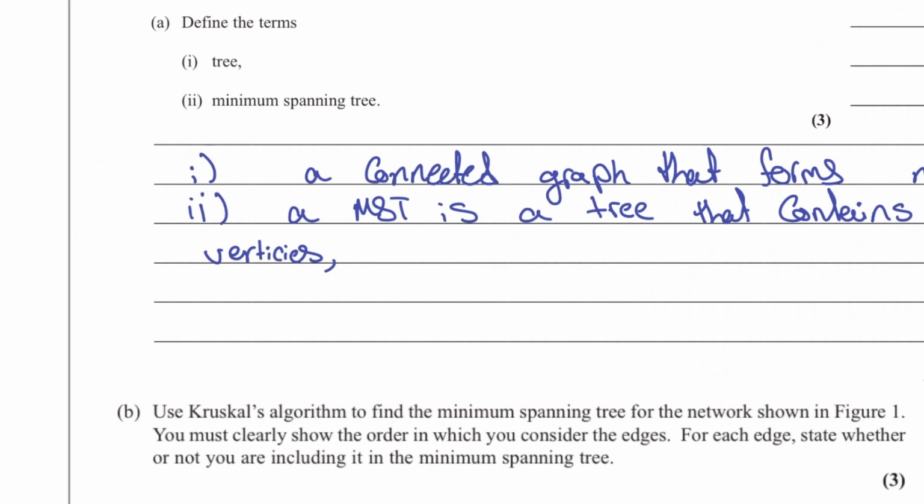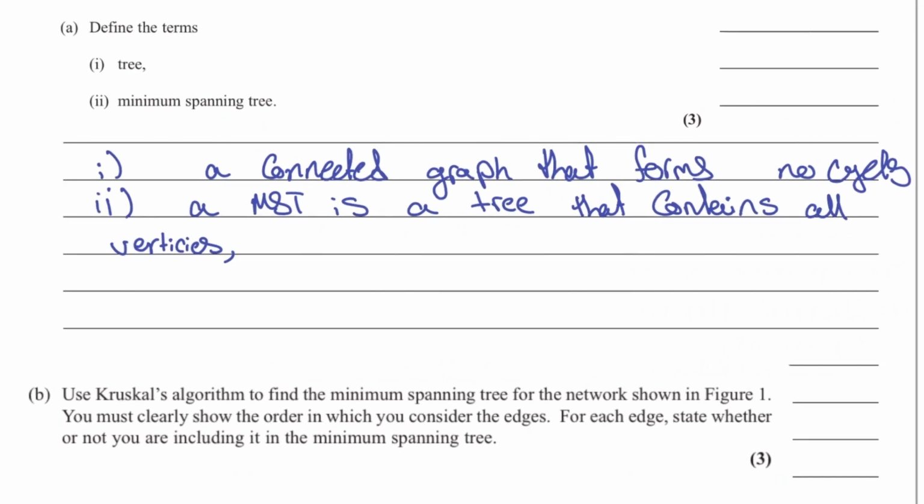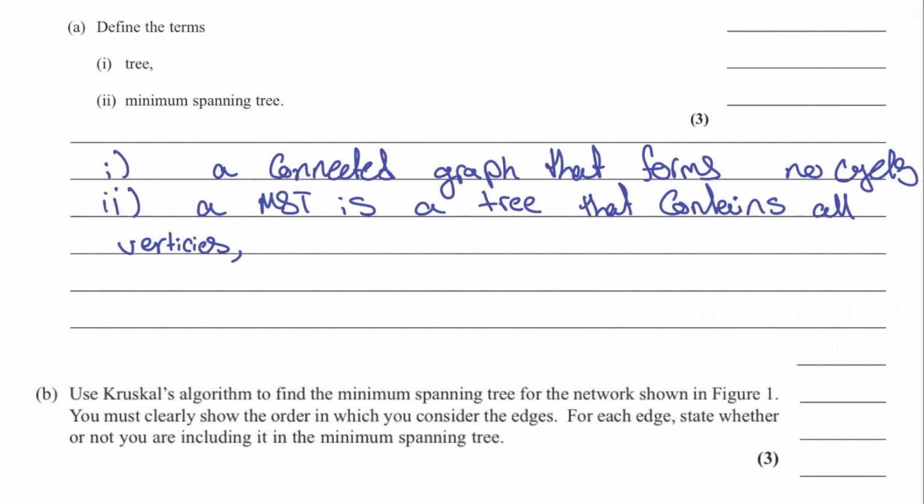So this is one mark, and now we need to actually tell what the purpose of an MST is, or what the MST does. So the total length of its arcs is as small as possible, because when we're taking a minimum spanning tree, we take in the least values for each arc.